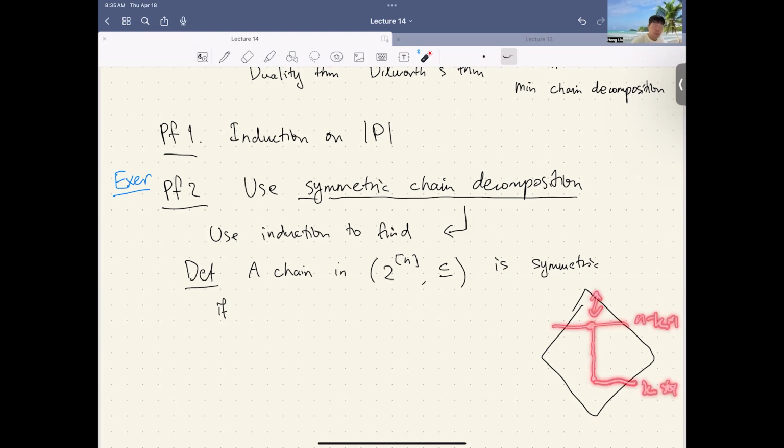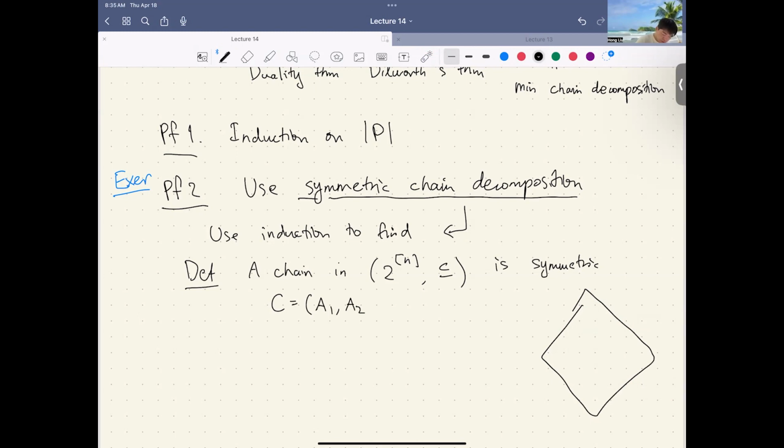Let's call this chain C equal to A1, A2. What's the best way to write it?